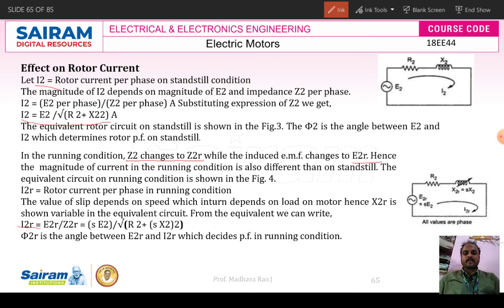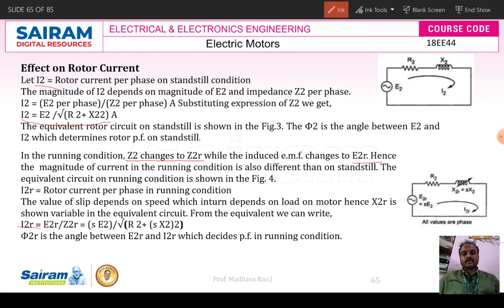So I2R is E2R by Z2R. E2R is S into E2 according to the previous relations. So I2R is S into E2 divided by Z2R, where Z2R is the root of R2 square plus (S into X2) square.